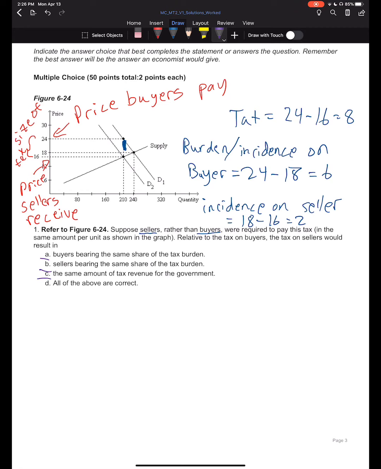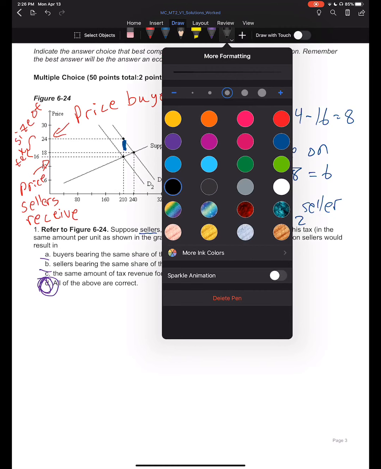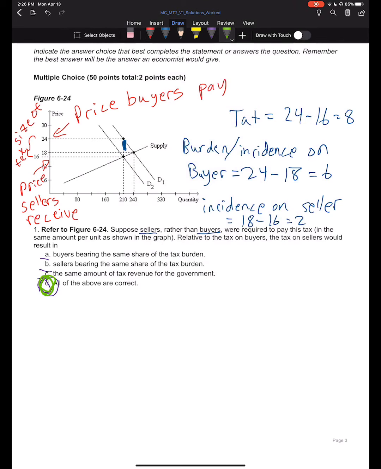And there will be the same amount of government revenue for the tax because the size of the tax hasn't changed, the quantity hasn't changed, which leads us to our answer that D, all of the above are correct. So then D is going to be our correct answer.